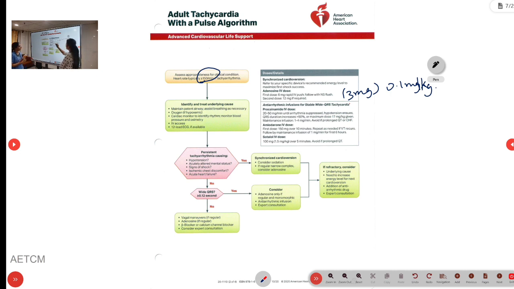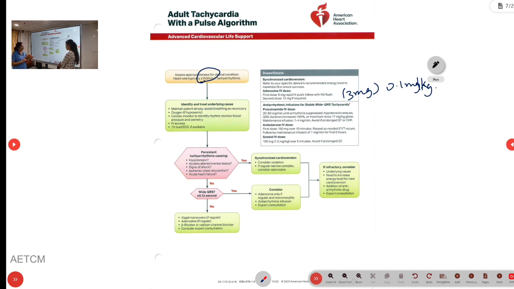And any contraindication for giving adenosine? Heart blocks and patients with severe bronchospasm. Okay. So how much time will you wait? 2 minutes. After that, if the patient is not reverting, then we will give double the dose, 12 milligram, and if it's a central line, 6 milligram. We'll still wait and see whether reversion occurs.